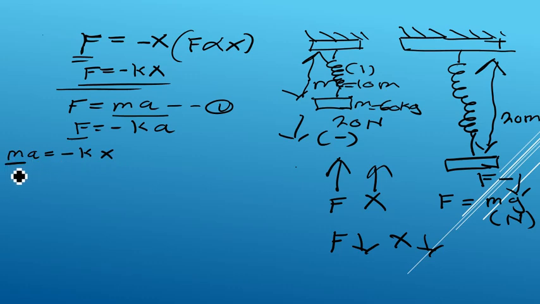Then I can cancel the m on both sides. I'm going to remain with a equal to negative kx over m.